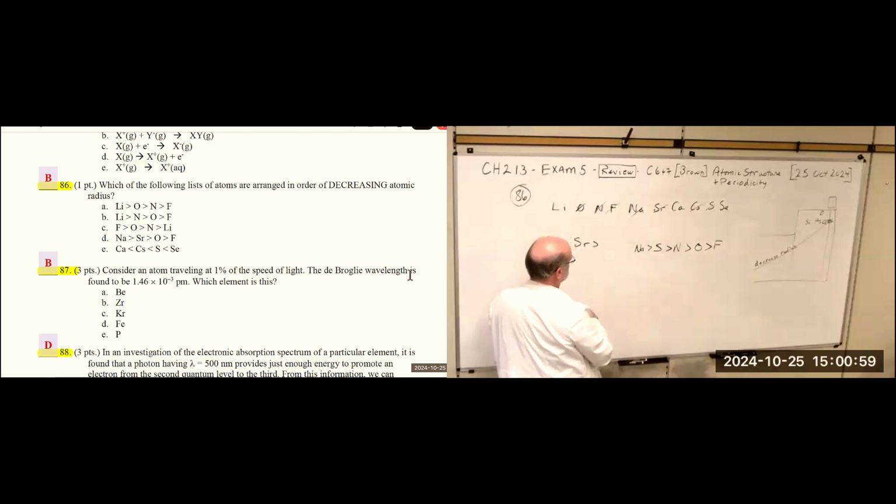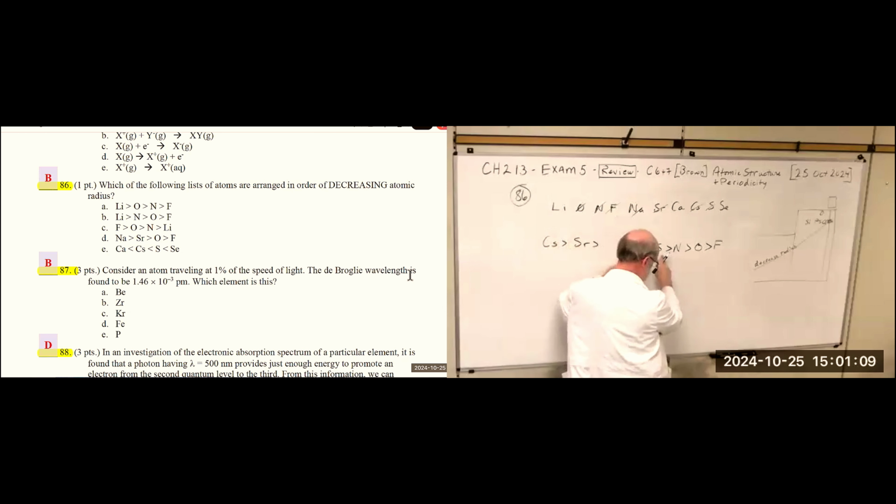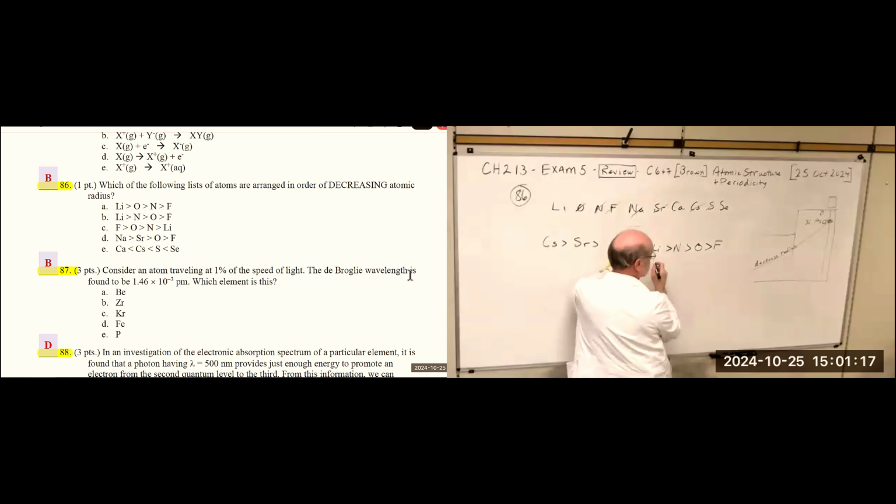What's left? Calcium and lithium. Oh, I forgot lithium. Lithium ought to come in here. Lithium, then sulfur.